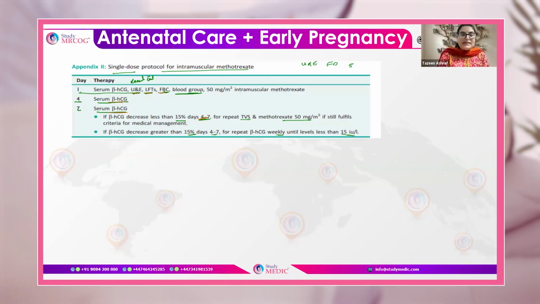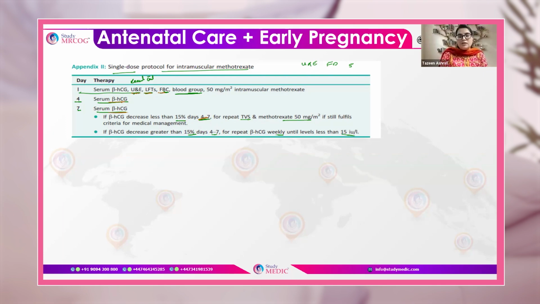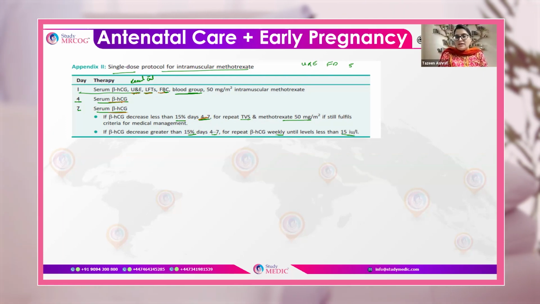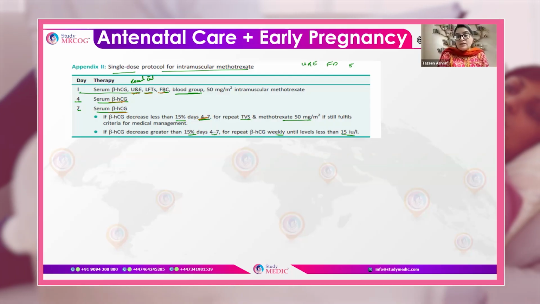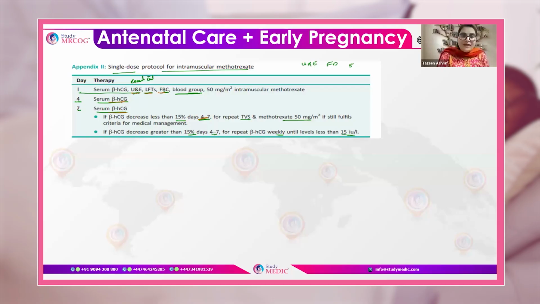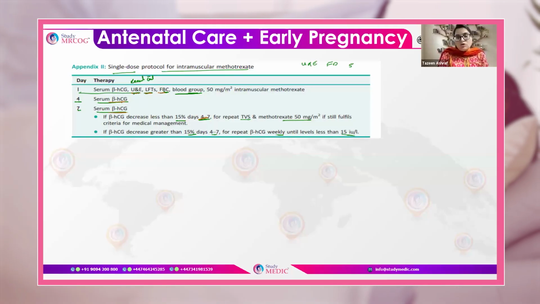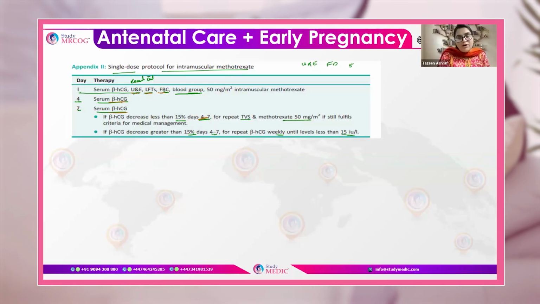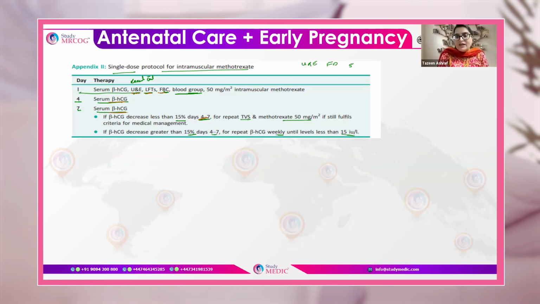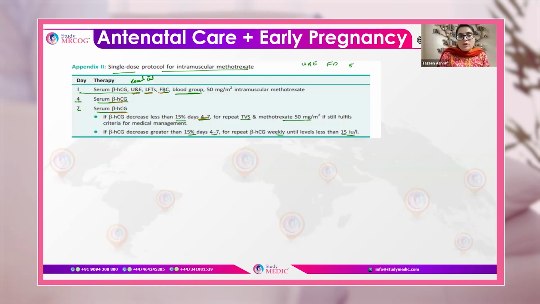And if the decrease is less than 15% from day 4 to 7, we can repeat transvaginal scan and a second dose of methotrexate can be given. And if the beta HCG level decrease is greater than 15%, then we can repeat beta HCG levels weekly until the level is less than 15 international units per liter.